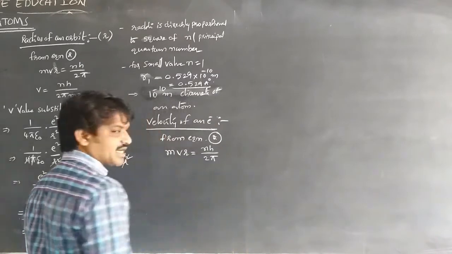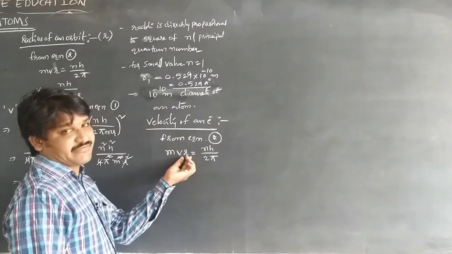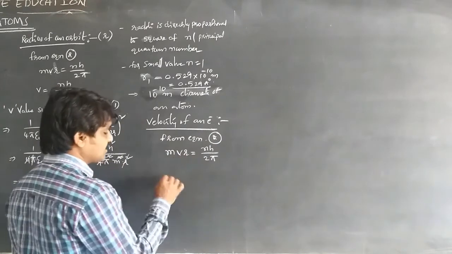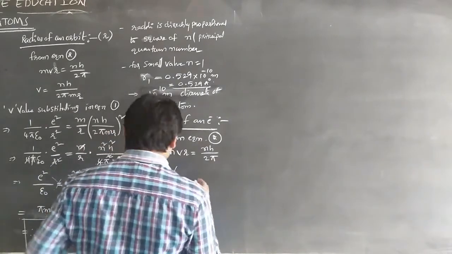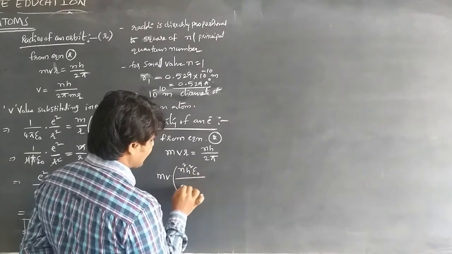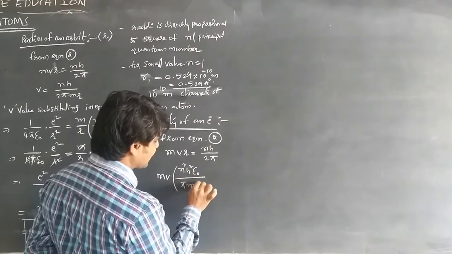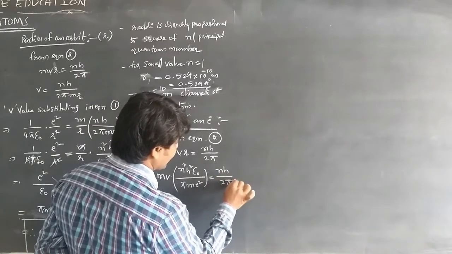So we substitute the value of the radius of an orbit in equation 2: mv times n square h square epsilon naught by pi m e square is equal to nh by 2 pi.